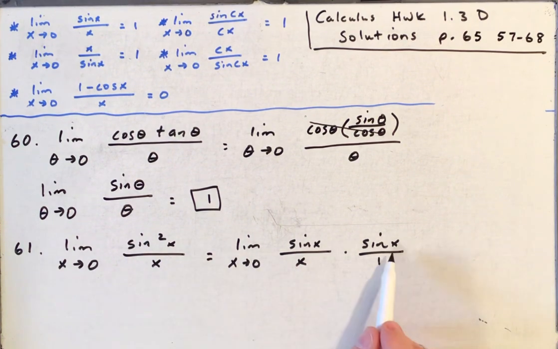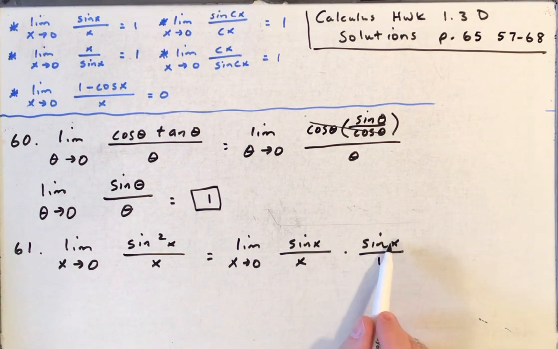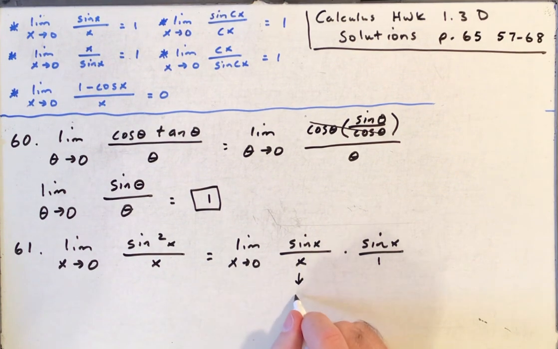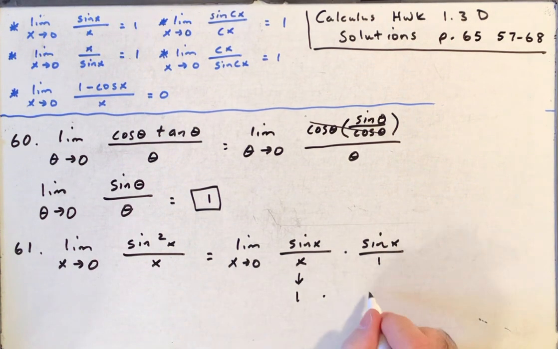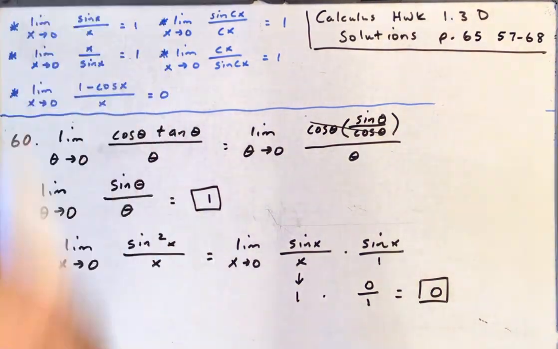So we just pulled the sine x. Now it's not sine x over x again, because if you multiply it out, it'd be x squared. It has to be sine x over 1. Well, we know that that is 1. And then if you plug 0, sine of 0 is 0, so times 0 over 1, which is 0, so that would be 0. Boom! We are cooking.